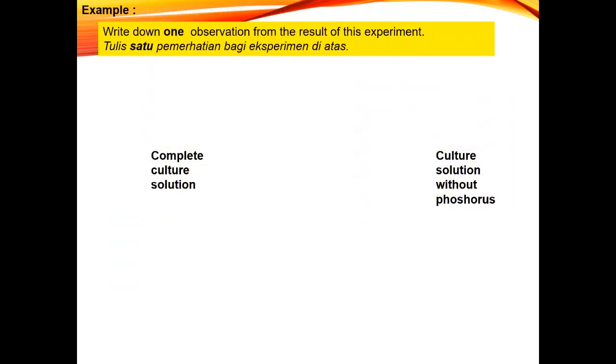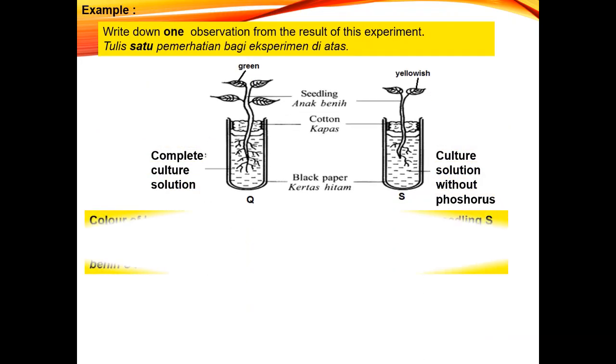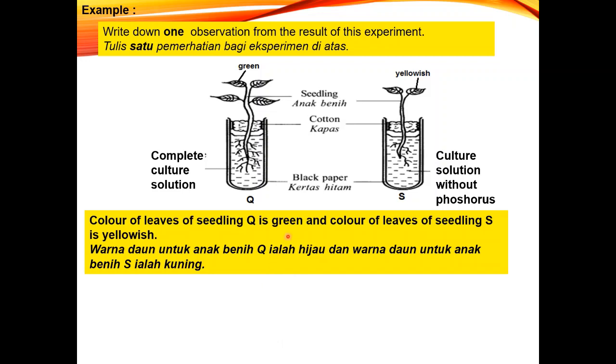Okay, for example, this is the question that is given. Okay, they give you two test tubes, one with the complete culture solution, the other one with the culture solution without phosphorus. So write down one observation. So from these two test tubes, you can see the first one Q, the leaves of the seedling is green, and then for the X here, the leaves of the seedling is yellowish.